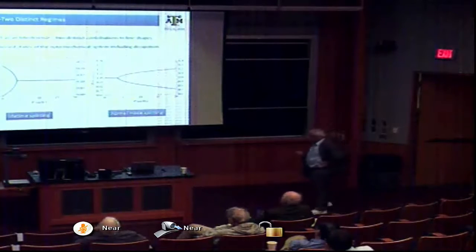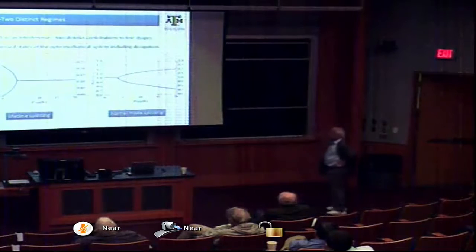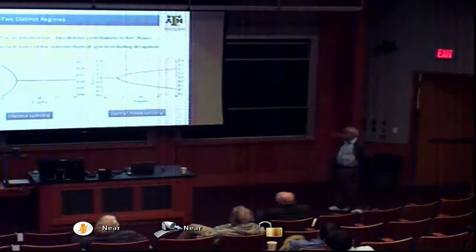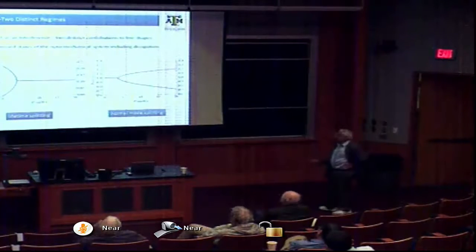You can also look at this EIT in terms of the rest states of the optomechanical system, and we look at the rest state including the dissipative processes. If you include the dissipative processes, look at the complex modes, their real and imaginary parts, then these curves show that there are two distinct regimes.